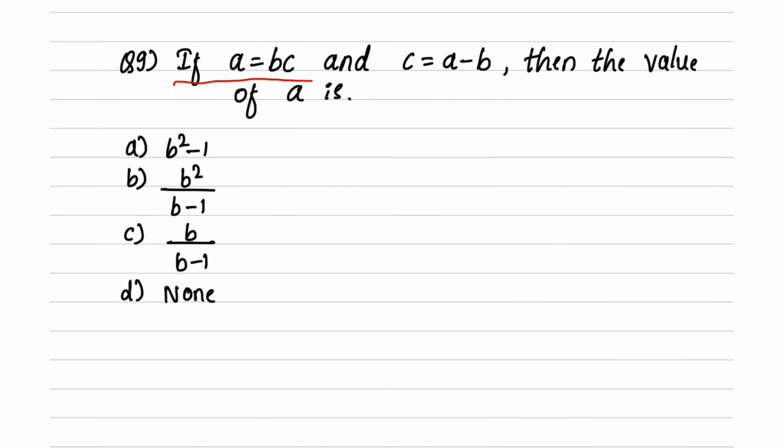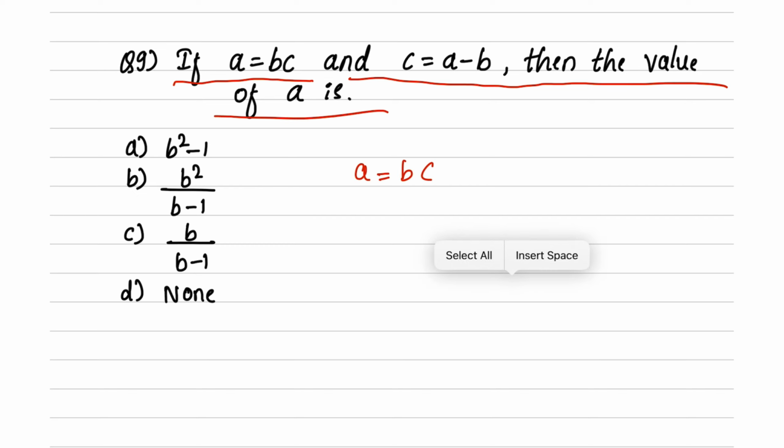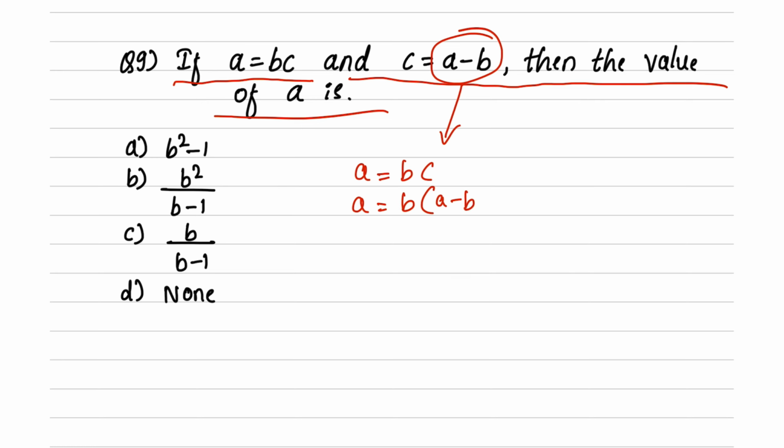See the ninth question. If A equal to BC and C equal to A minus B, then the value of A is. They have given A equal to BC and C equal to A minus B. So we can substitute here. A equal to B into A minus B. It will be A equal to AB minus B square. If I take all one side, A minus AB plus B square equal to 0.